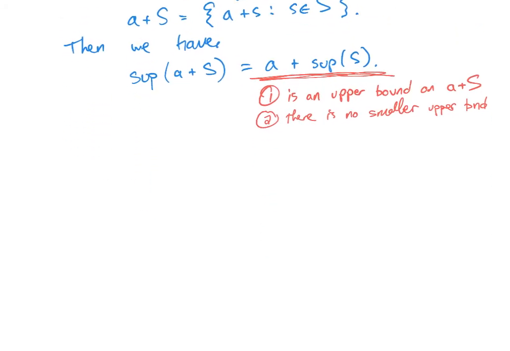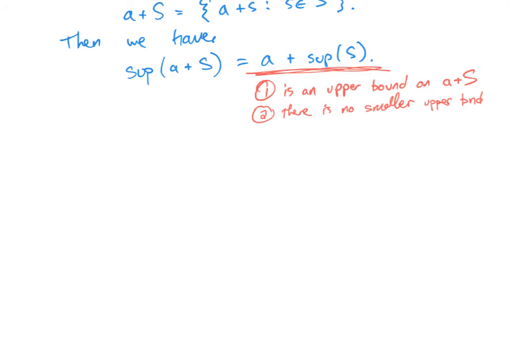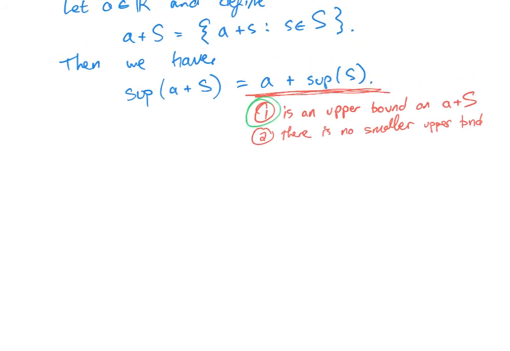Let me see if we can take a crack at that real quick. Okay. To show that it's an upper bound, you need to take an arbitrary thing from A plus S and show that it's less than or equal to A plus the sup of S. Okay. So, proof. Let little s in S be arbitrary.